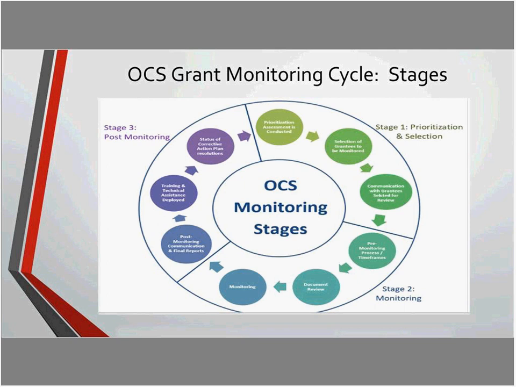So today, we're going to talk about the document request list, which usually goes out with the engagement letter, the actual monitoring tools that are used on site, and a little bit of the post monitoring in terms of the report template that's used. So we've kind of looked at monitoring in 3 different segments, 3 stages to the cycle. Stage 1, the prioritization and selection, which we talked about last time, then the actual monitoring, and then stage 3, post-monitoring, which we'll cover next week.